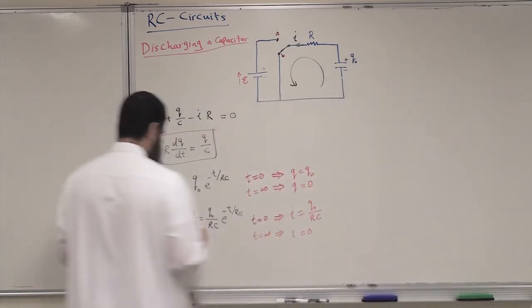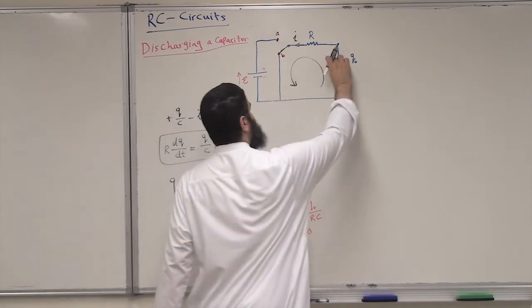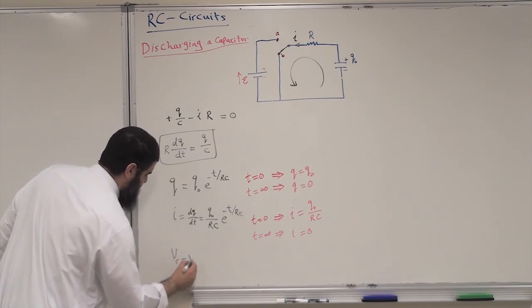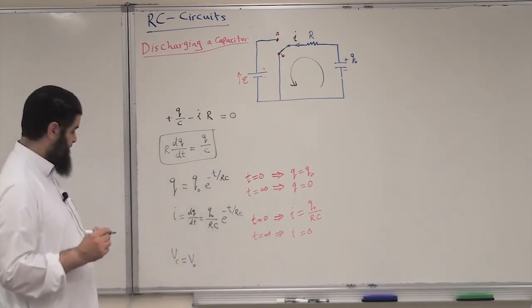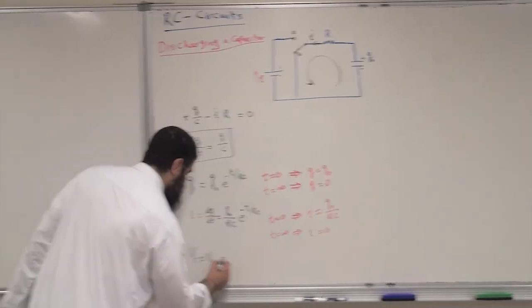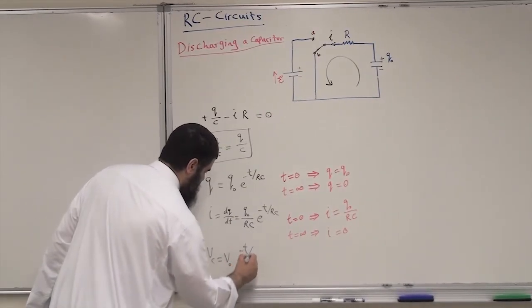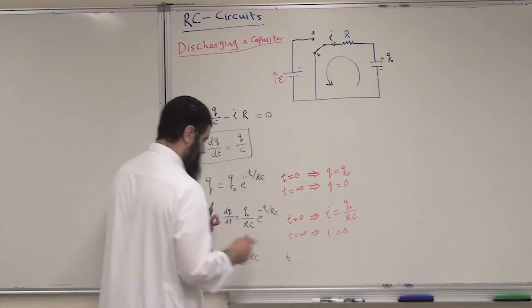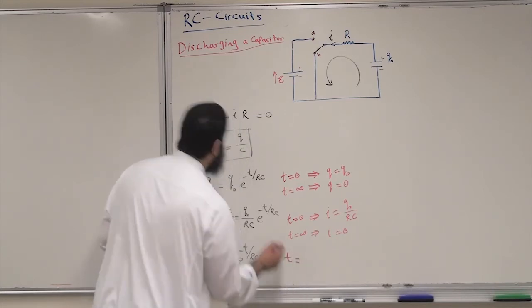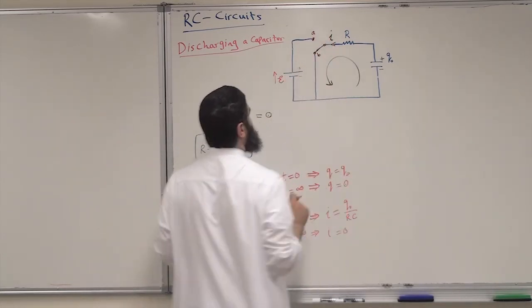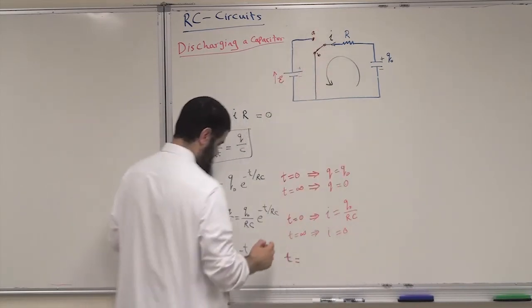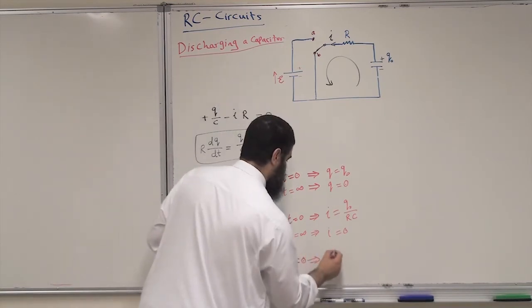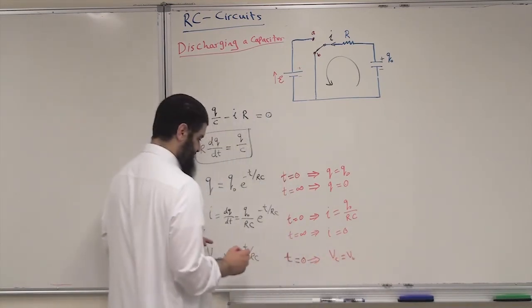If you want to see how the electric potential across the capacitor changes with time, we know that Vc will be the initial electric potential, which we call V0, and with time it will decrease as e to the minus t over RC. So if the time equals 0 at the very beginning, just right after putting the switch from A to B, Vc will be equal to V0, the initial potential.